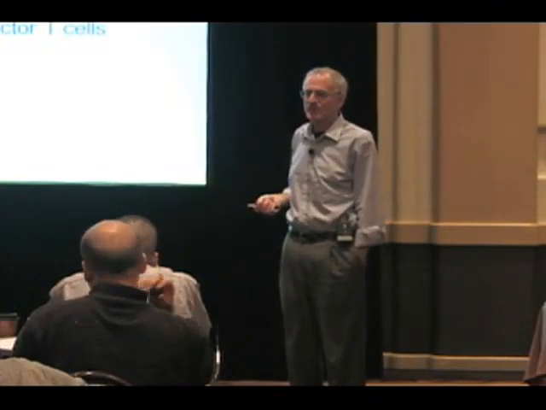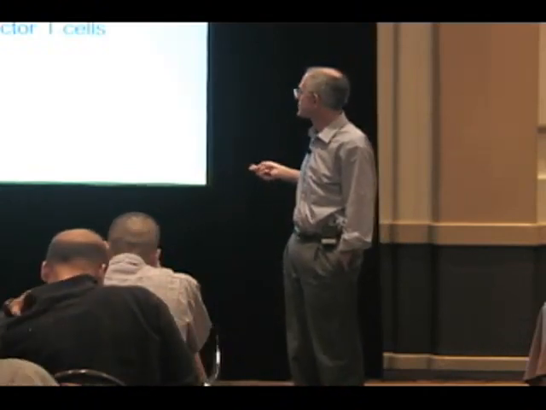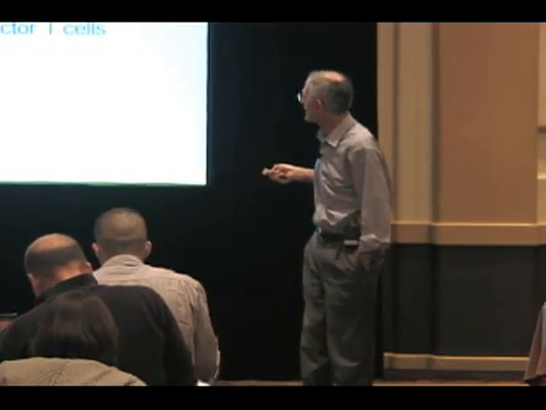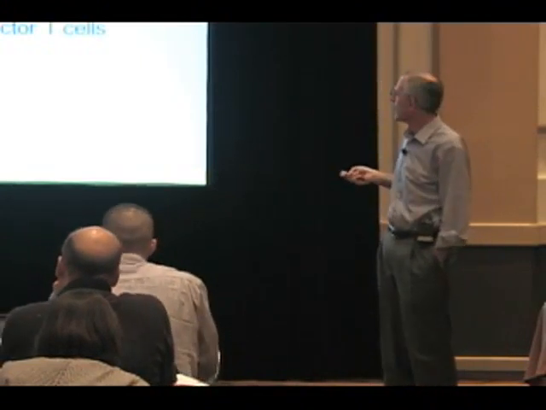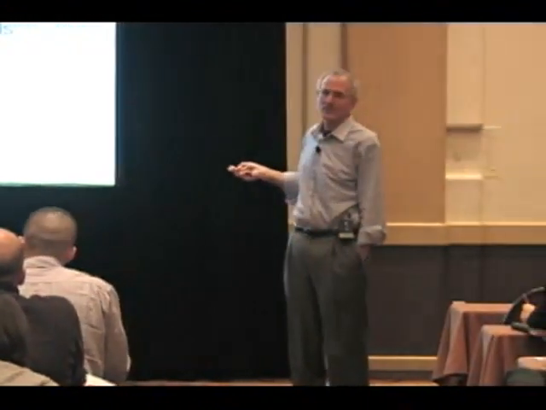Now, it turns out that there's a large literature in both human and mouse that there are two general families of memory cells in T cells, so-called central and effector subsets. The ones that reside out in the tissue, for instance, in the mucosa of the gut or the lung, are what are called effector memory cells. They have a phenotype that is the opposite of the phenotype of naive cells.